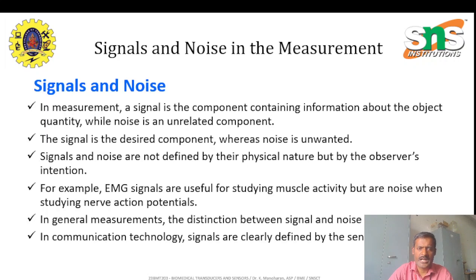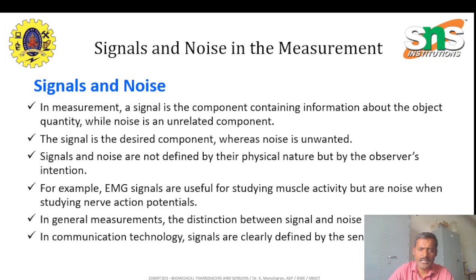Next will be signal and noises. In measurement, a signal is a component containing information about the object quantity, while noise is an irrelevant component. That is, the relevant component which is required will be considered as a signal, and what is irrelevant or not required will be considered as noise. Depending upon the application, it will vary. The signal is the desired component whereas noise is unwanted.